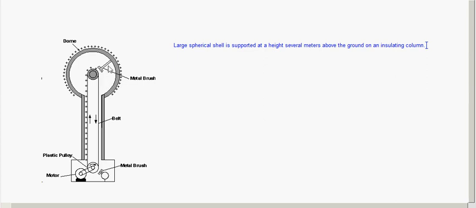So this is the working principle and the schematic construction of a Van de Graaff generator. It is a device used to build up very high voltage of the order of millions of volts.